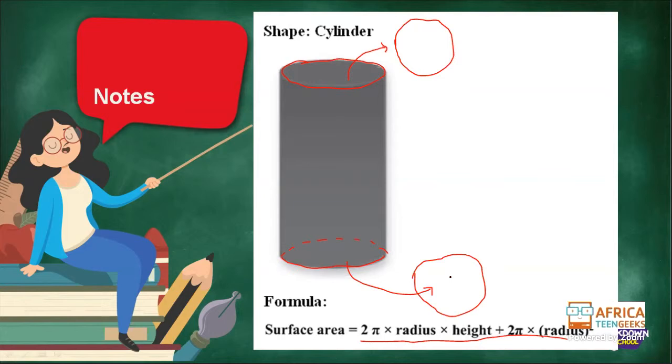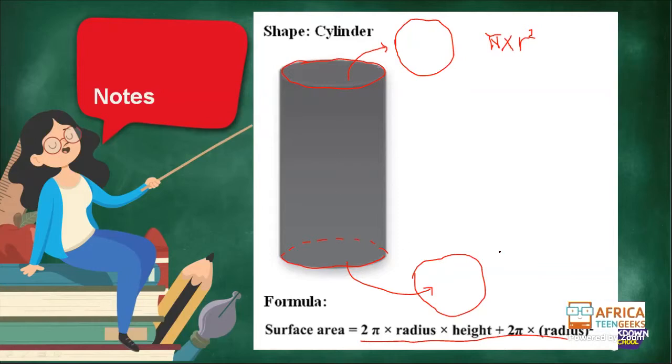Now, what is the area formula for a circle? If you recall from previous lessons, the area of a circle is pi times r squared. Obviously, for a cylinder that is closed, how many circles are there?